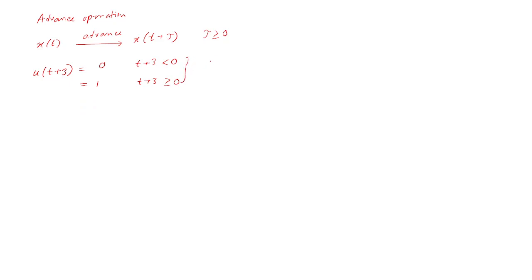In other words, it is 0 when t is less than minus 3, and 1 when t is greater than or equal to minus 3. So basically, the graph of u(t plus 3) is shifted to the left.